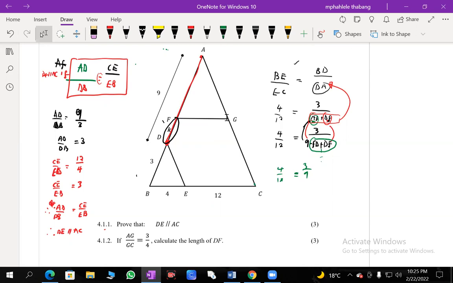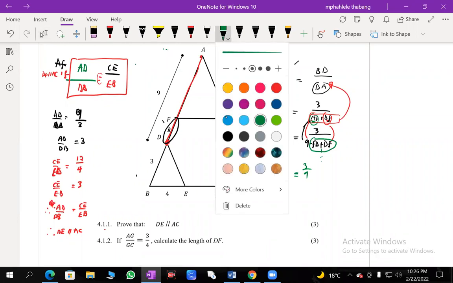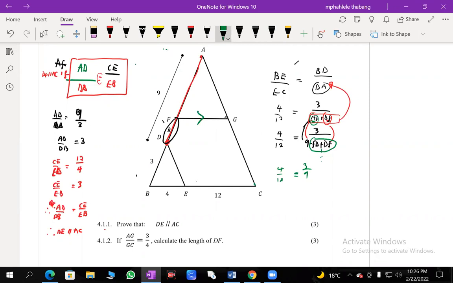So we agree our Captain concluded. This guy was supposed to tell us that FG is parallel to BC. He was supposed to just state it.